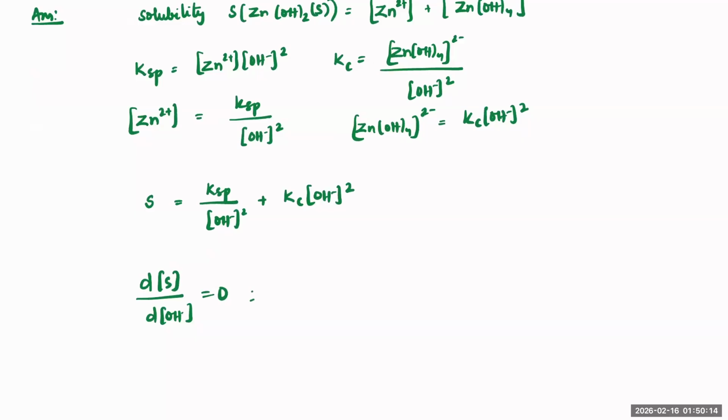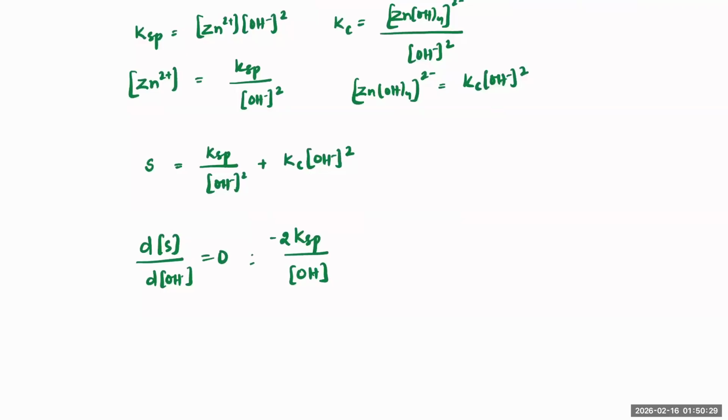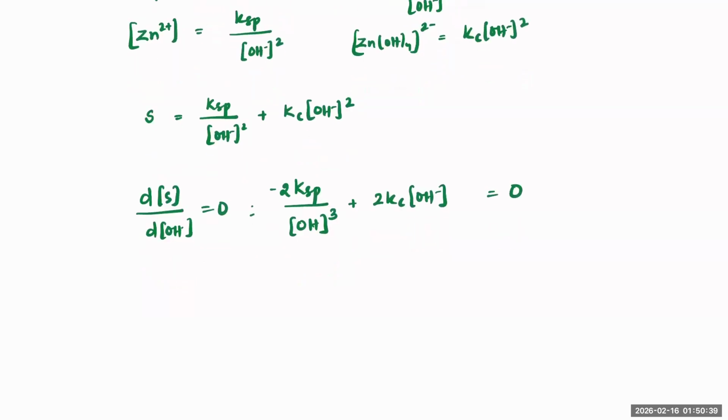So if I differentiate this, what would I get? Minus 2 times Ksp by OH- raised to power 3, plus 2 times Kc into OH-, equal to 0.